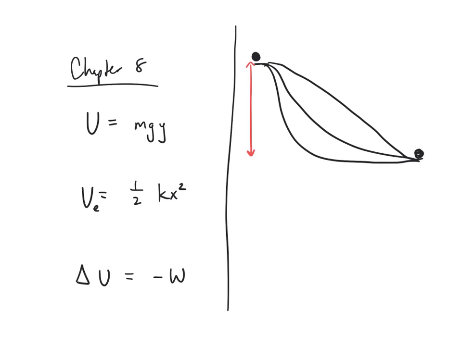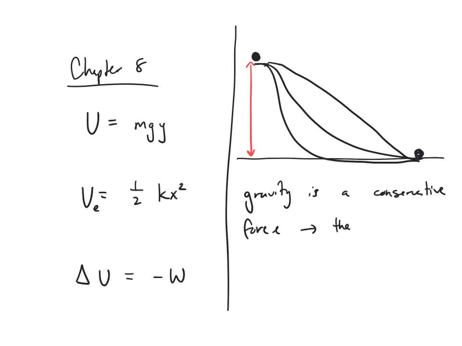And this concept is called conservative forces. So in this case, we'd say that gravity is a conservative force, which implies that the path taken does not matter.